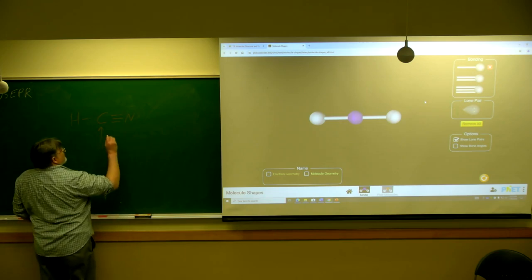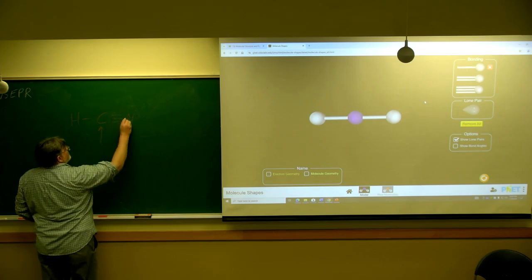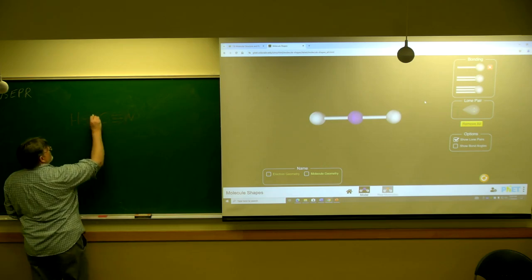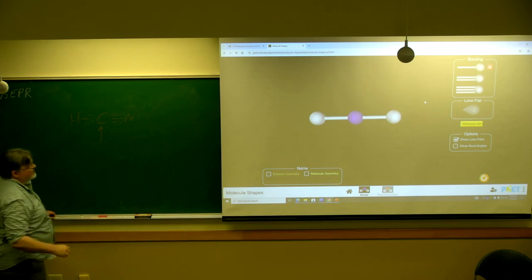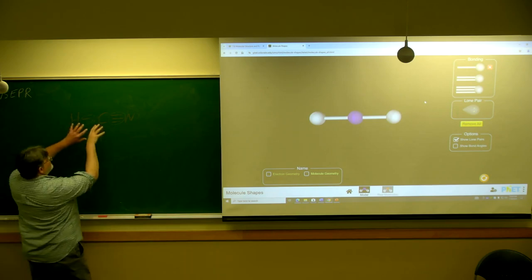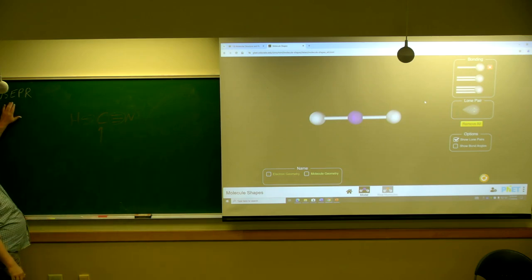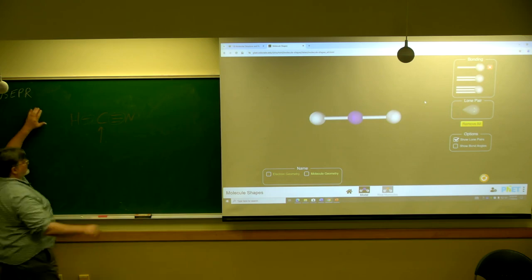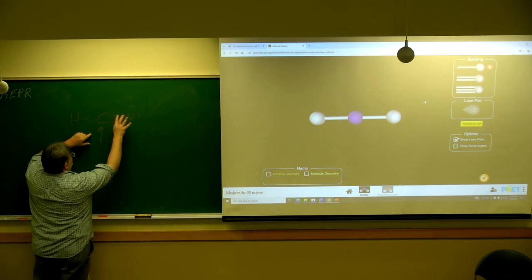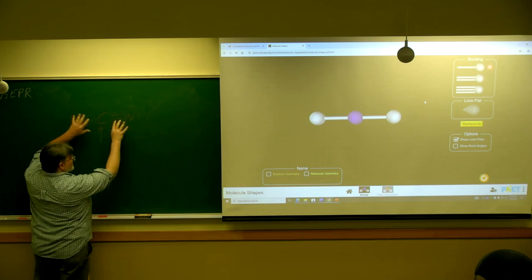If I was going to circle the electron domains, there's one, and there's another one. There's 2 electron domains there. And those electrons repel each other. So the valence shell electron pair repulsion is saying these on this side of the carbon are repelling these on this side of the carbon.